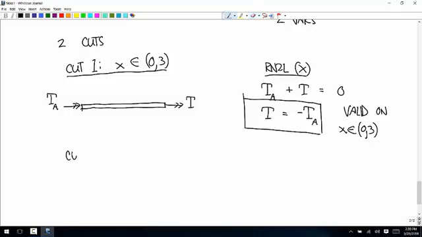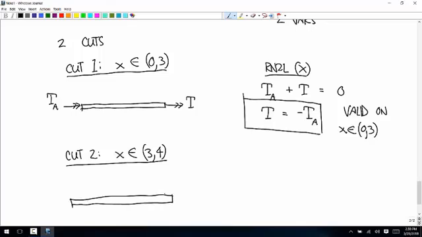And then the second cut is for x's between 3 and 4. This time we do have that 1,000 Newton meter torque. And we do have this TA still. We just haven't gone all the way to the other external torque, the other reaction torque.